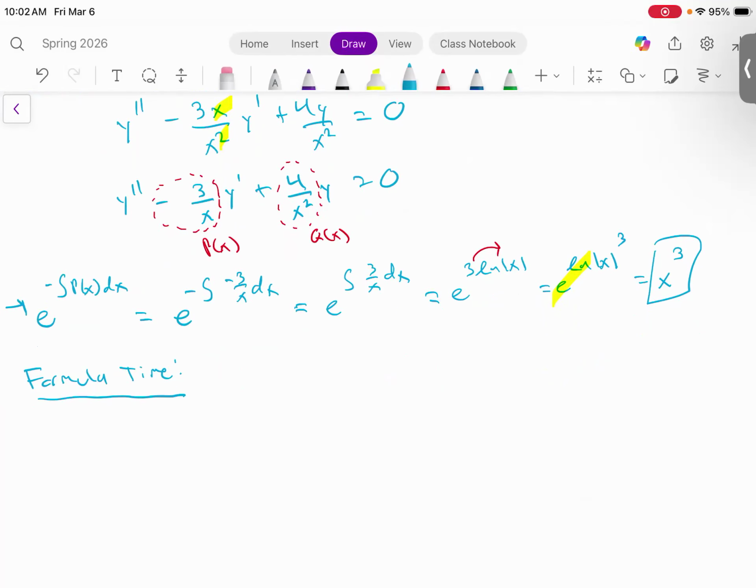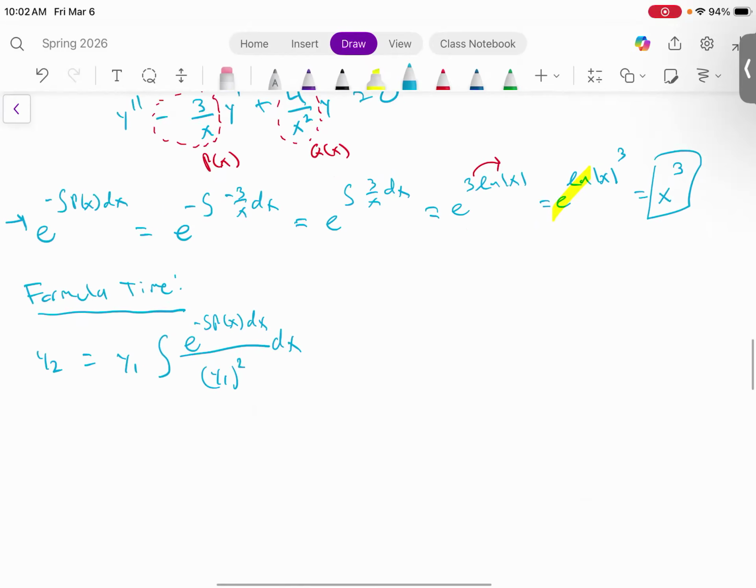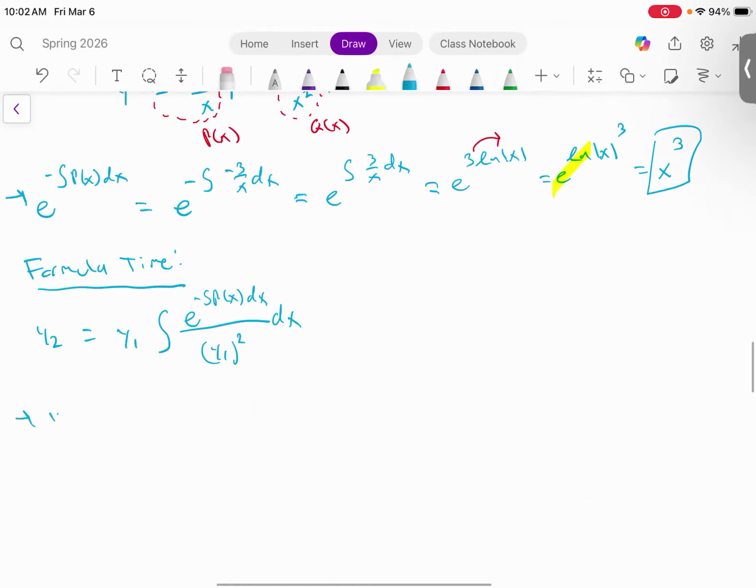Formula time. We have y2 equals, I'm going to rewrite it again, y1 times the integral of e to the negative integral of p of x dx over y1 squared dx. So if we plug everything in, y1 is x squared from up above, times the integral of x cubed over y1 squared, so x squared squared, dx.